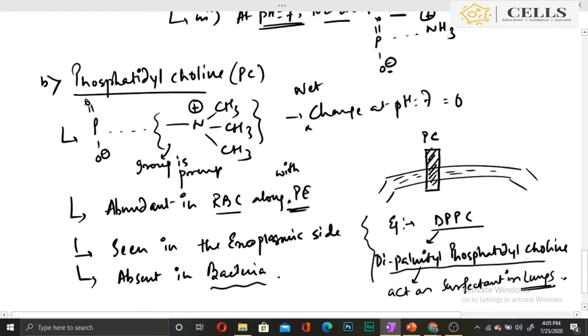DPPC is dipalmityl phosphatidylcholine, with 2 palmityl fatty acids. That's why phosphatidylcholine is referred to as lecithin. PE was called cephalin, and PC is known as lecithin, right?